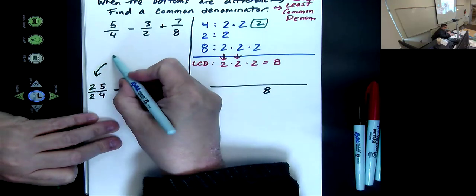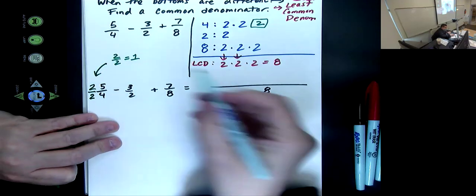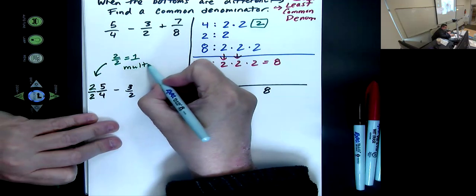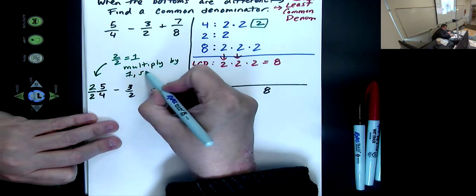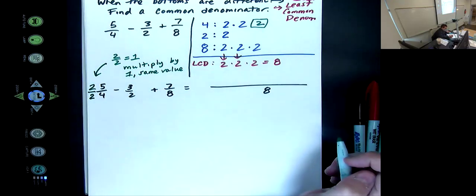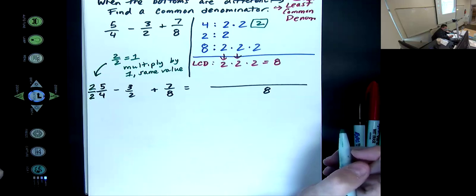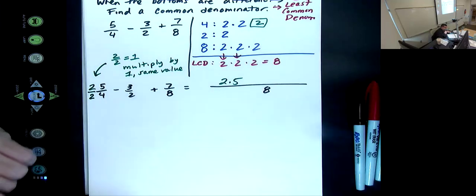We do the 2 over 2 because that equals 1. And when you multiply by 1, it doesn't change the value. And I'm gonna have 2 times 5 for that first term right there.